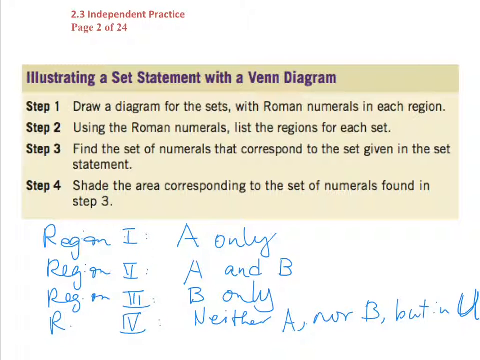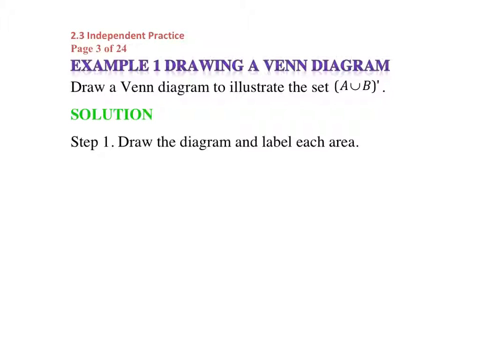Okay, so let's look at an example. To draw a Venn diagram, illustrate the set A union B, and then we need to find its complement. Remember, the complement of a set is all the elements that are not in the set, but in the universal set.